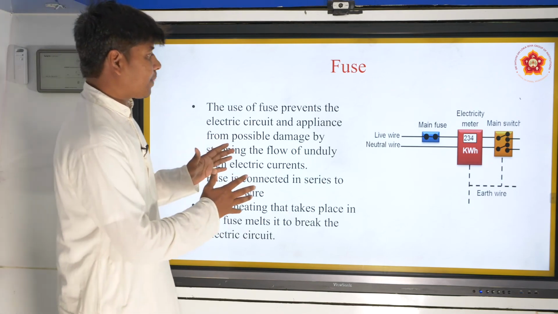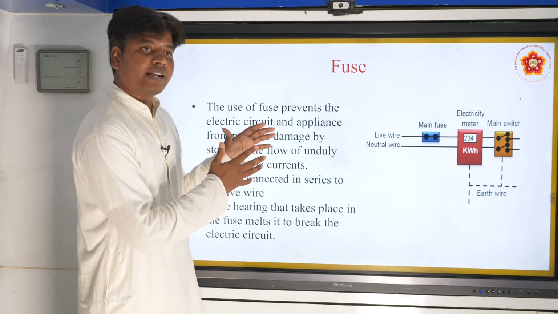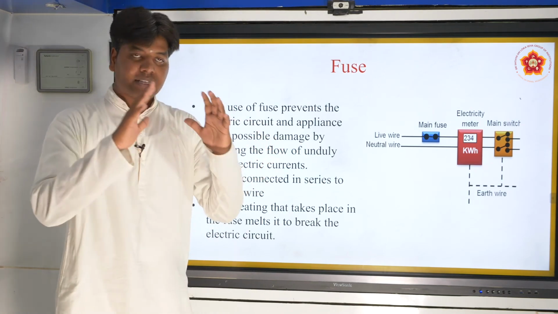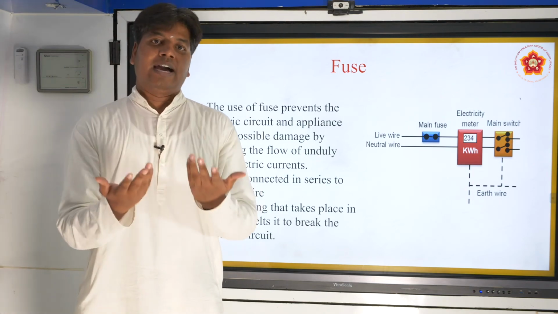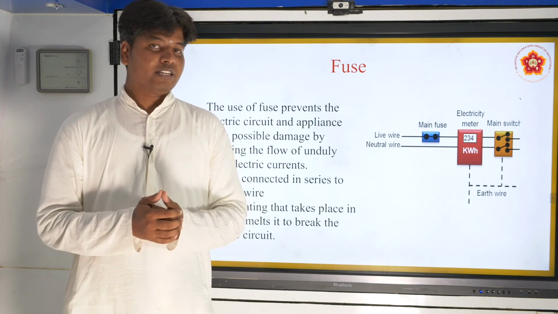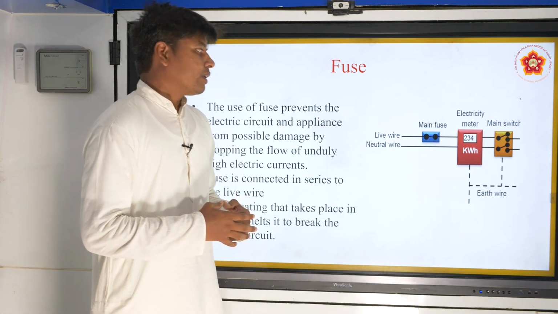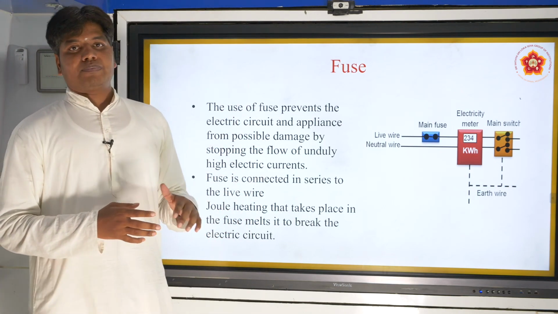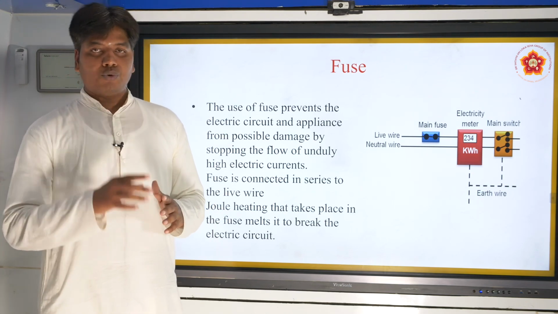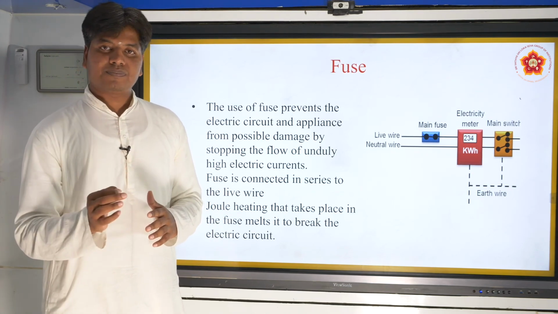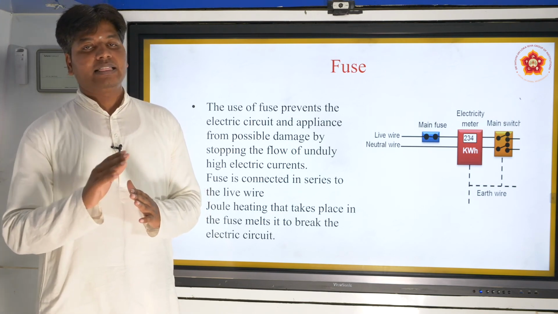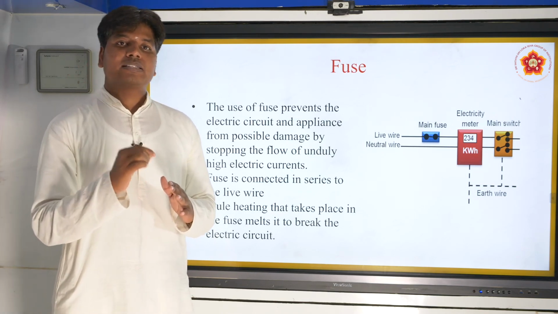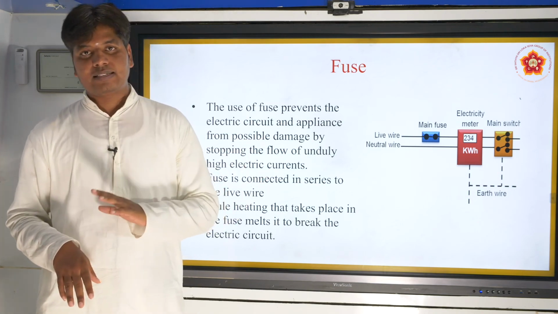Now we studied how the electric circuit is made in domestic settings, which is why you are seeing me and I am teaching you. That's how it works. So go through the entire chapter properly. Write down your notes on your own and have the concepts very clear. In the next class, we will discuss some important questions in this chapter.